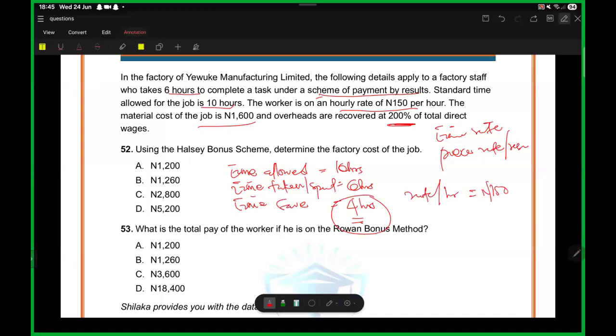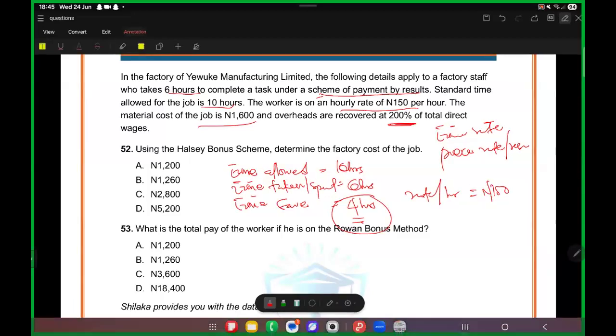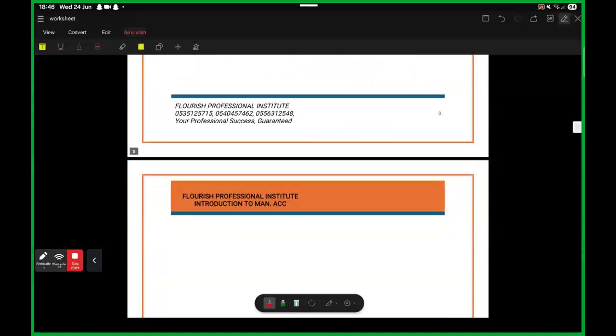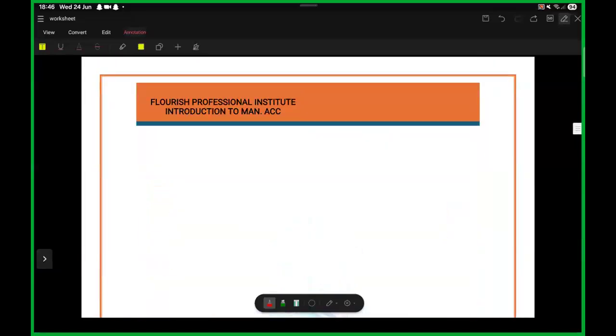We have to calculate the factory cost of the job, and this is the process we would engage in. Let me use this dashboard. We are looking at the calculation of factory cost. If you have any question, kindly draw my attention, as I may not see the chat.